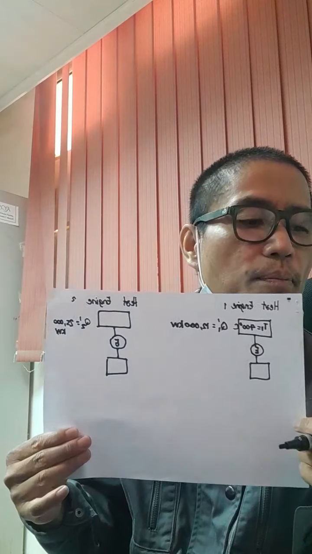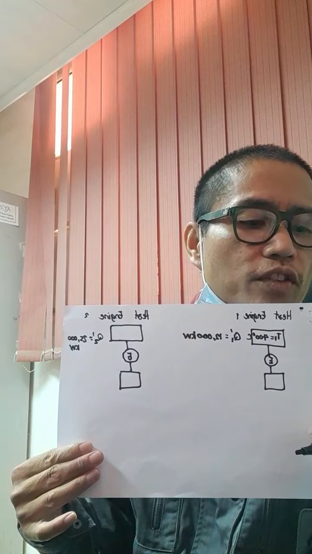Okay, and then we have the reversible heat engine operating in the second, where it withdraws 25,000 kilowatts, and the temperature is 100 degrees Celsius.